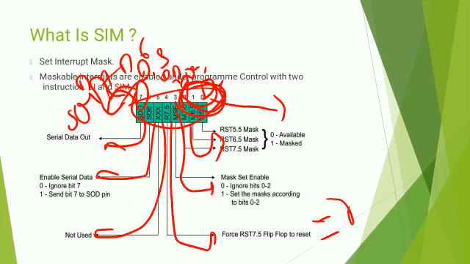If it is 1, then the control of bit D3 is not on it. Now bit D6 is the control bit over D7. D7 is the serial data to be transmitted through the SOD pin. SIM is used as control.